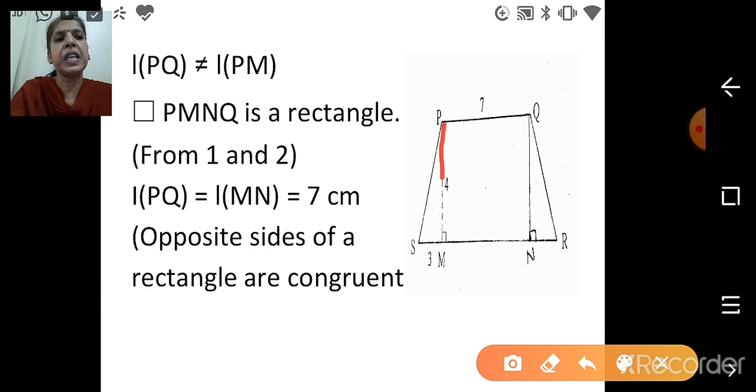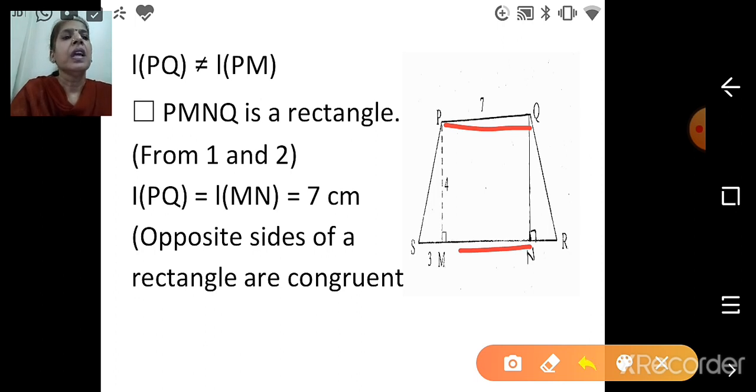It is P, M, N, Q. This is a rectangle. Why is it a rectangle? Because we have seen that PM is 4, QN is also 4. And angle M is also 90 degrees, angle N is also 90 degrees. And PQ is parallel to side SR. So this part PQ and MN are also parallel.